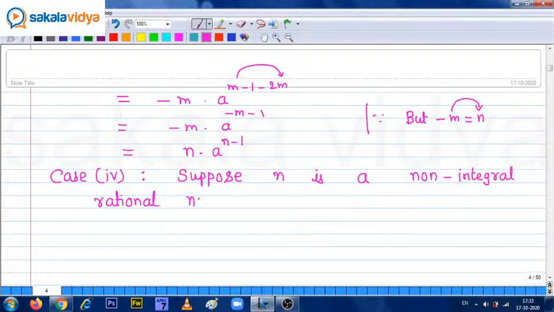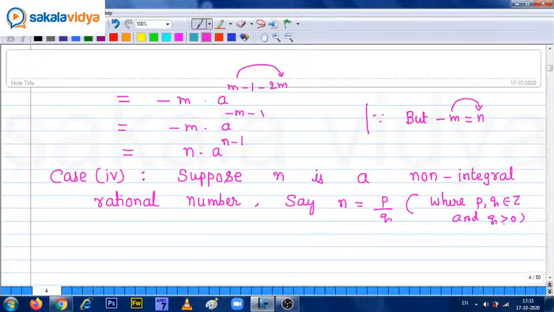Suppose n is a rational number, can the formula be applicable? That we need to check now. That means say n is equal to p by q, where p, q are integers, and one more thing, consider q must be positive, q greater than 0.